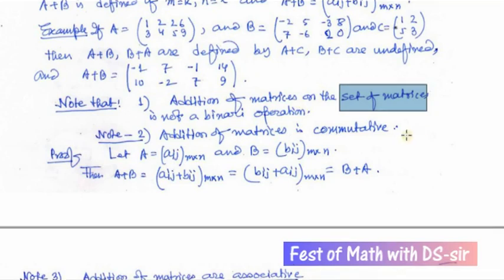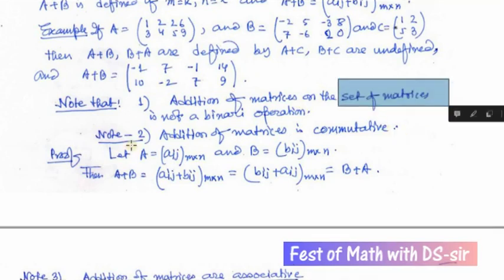Instead of the set of all matrices, if we choose the set of matrices of the same order, say matrices of order 3 by 4, or square matrices of 4th order, in that case addition is a binary operation. In that case, any two elements can be added.